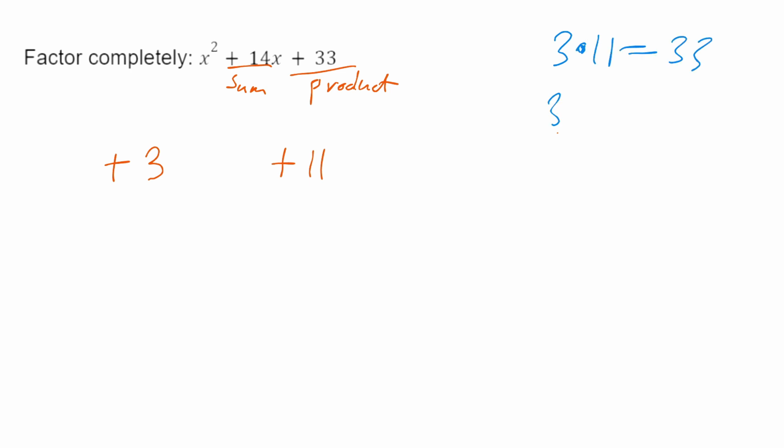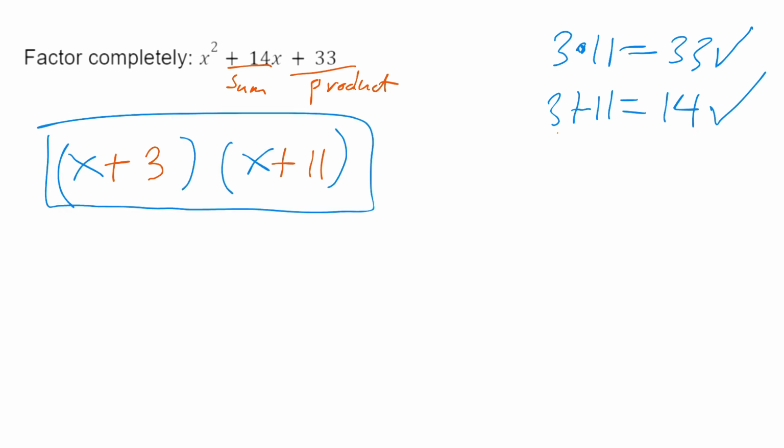And 3 plus 11, I wrote the answer already, is equal to 14. Again, this is the product, the 33. This is the sum, the 14. Okay, so what's the variable? It's x. This is our answer already. Okay, as simple as that. I hope we're good.